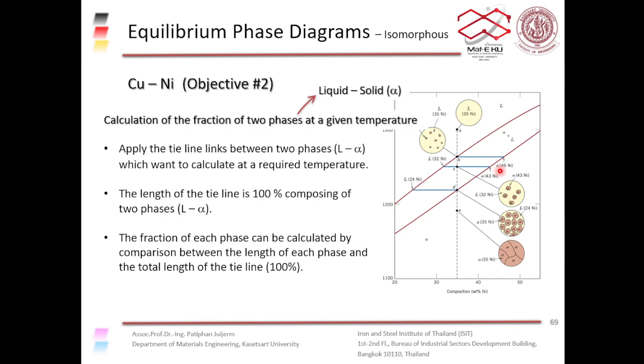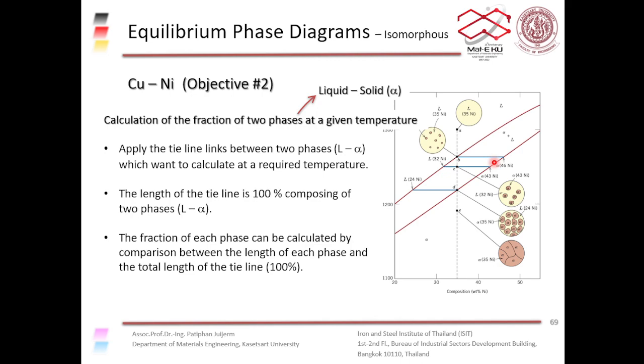You can think of the length of the tie line as the overall amount of your material, right? If the length of the tie line is the overall amount, or 100%, then from this point to this point is 100% of your material, in other words, the amount of liquid plus the amount of solid alpha.